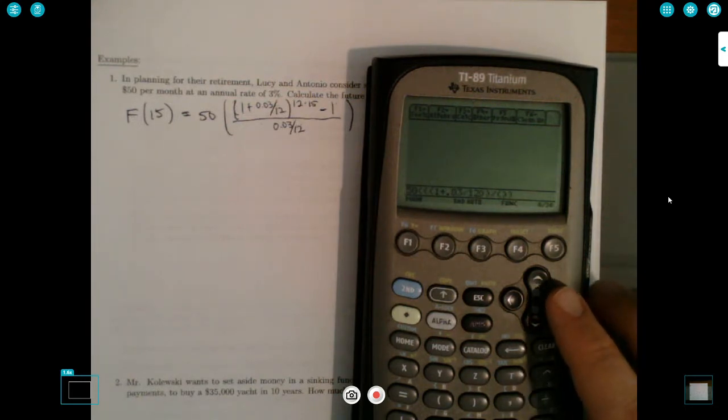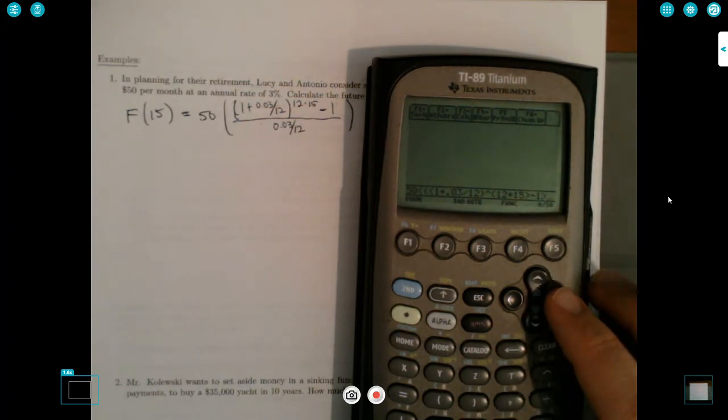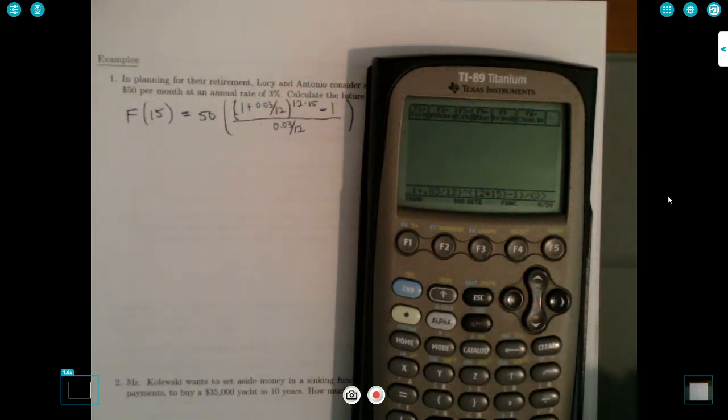And I want to raise that to the power of 12 times 15. And then I want to subtract 1, and that's the numerator. The denominator is going to be 0.03 divided by 12.